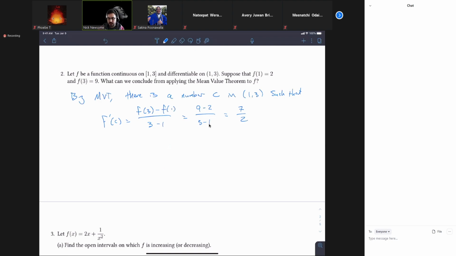Geometrically, what does that say? Right? F prime of c represents the slope of a tangent line. So really what this is saying is that there is some number in this interval, some point where the slope of the tangent line at that point is equal to 7/2.